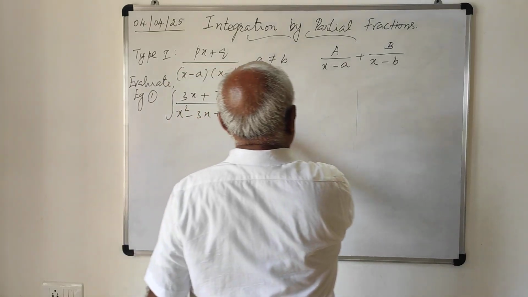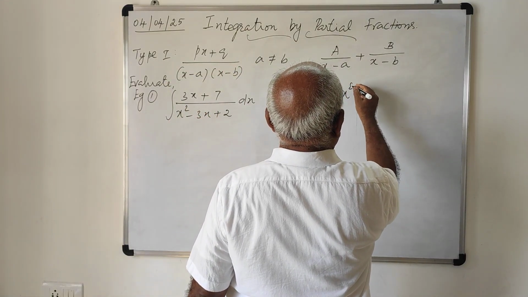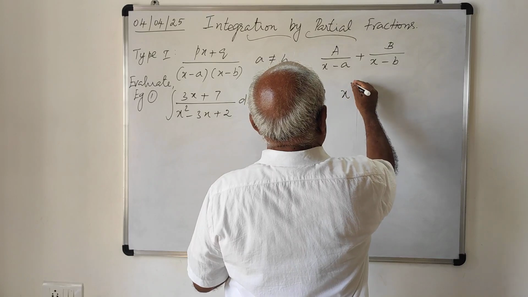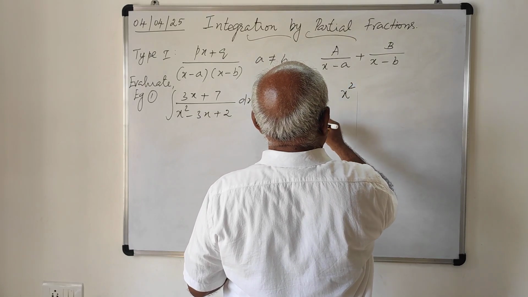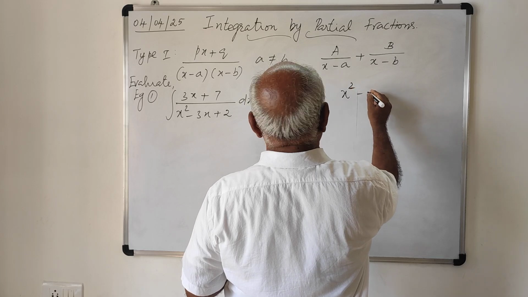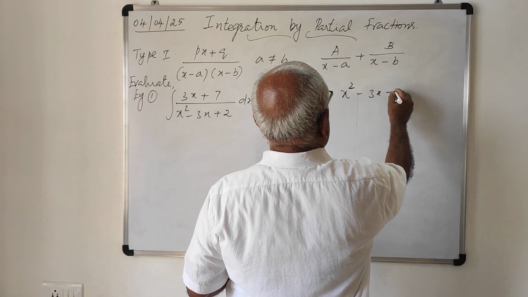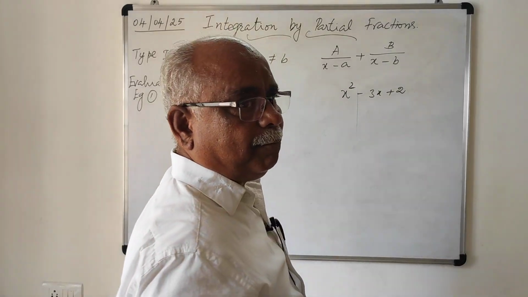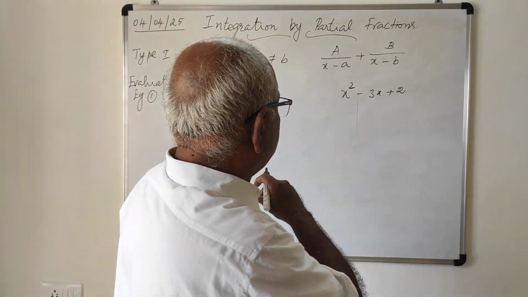See, the denominator, the algebraic expression x square minus 3x plus 2, is to be factorized by the factorization method.